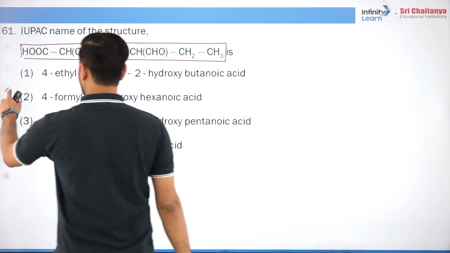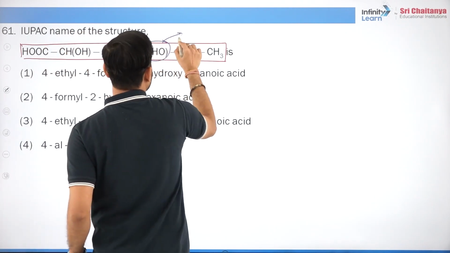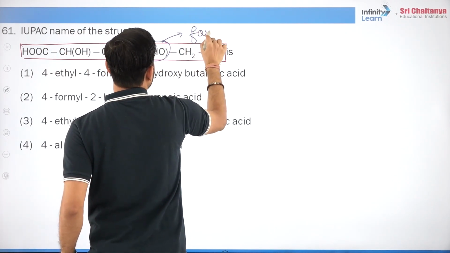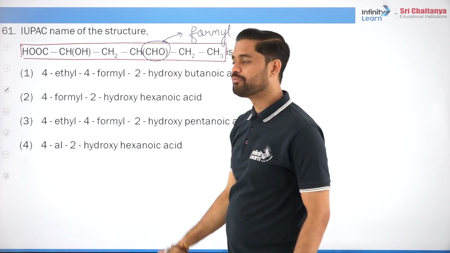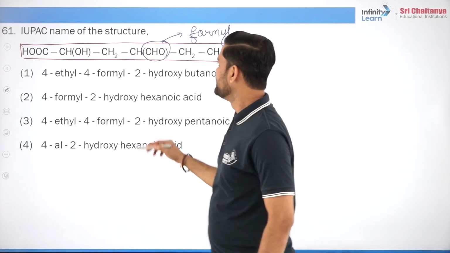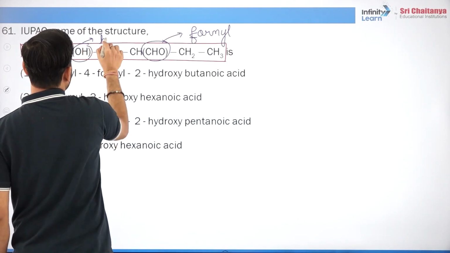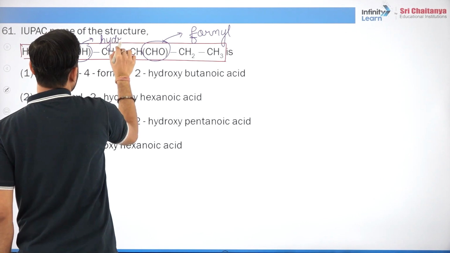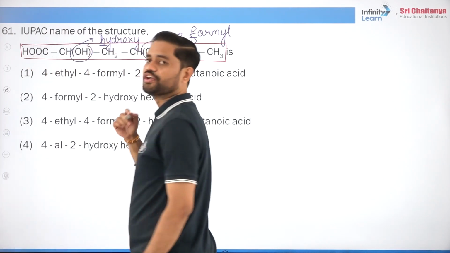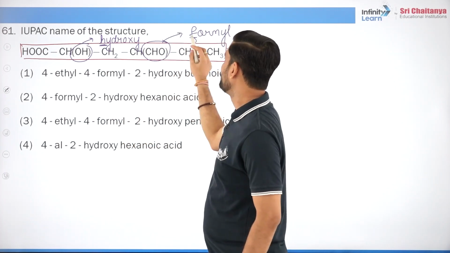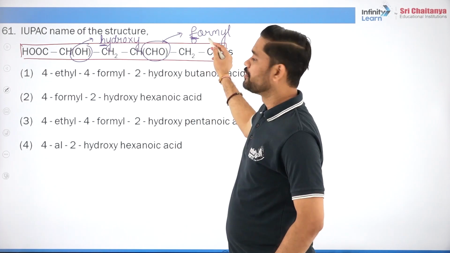The first one's substituent name is formyl, so it starts with F. There is one more substituent, and its substituent name is hydroxy. According to alphabetical order, formyl, F comes first. Hence, you have to write formyl first.